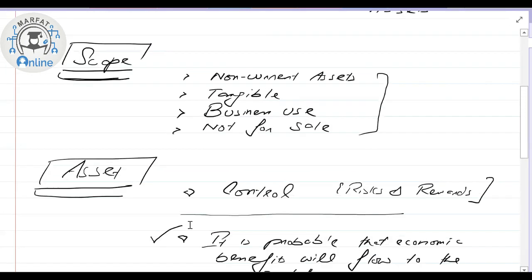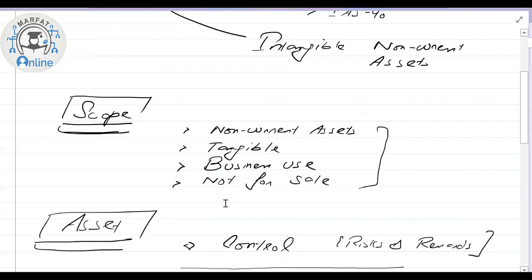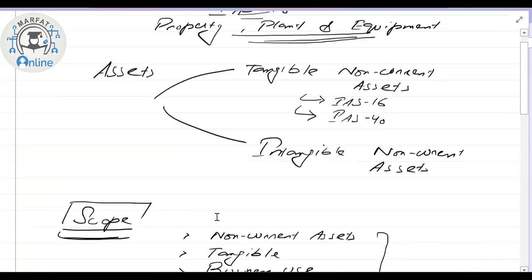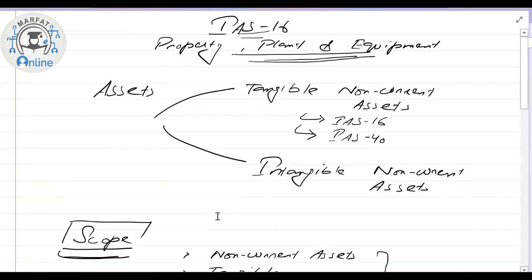Only assets which are non-current and tangible, and which have only business use, for example machinery used for production or assets used for providing services, and which are not for sale, should be classified under IAS-16, which is property, plant, and equipment. As the name suggests, property is where businesses normally have offices, and plant and equipment are used to manufacture the units which are being sold in the market.